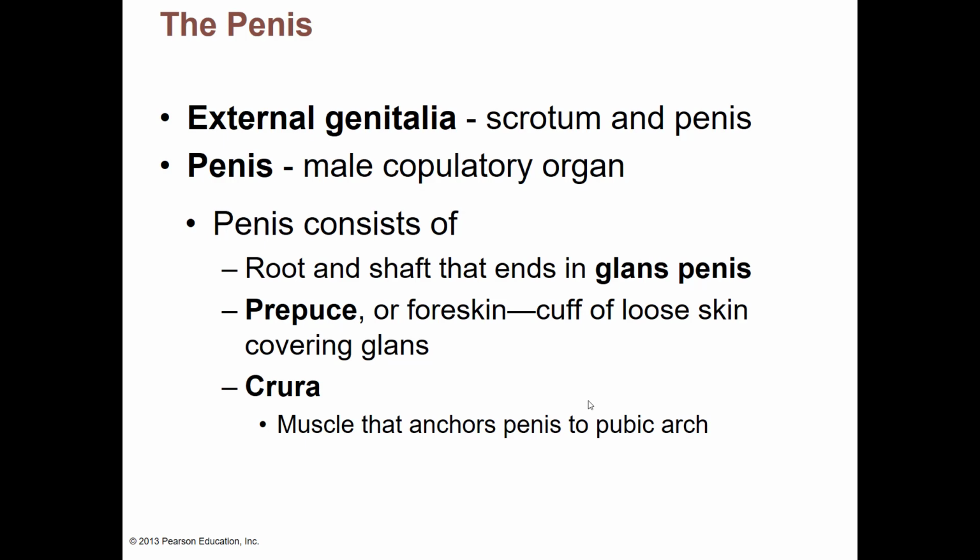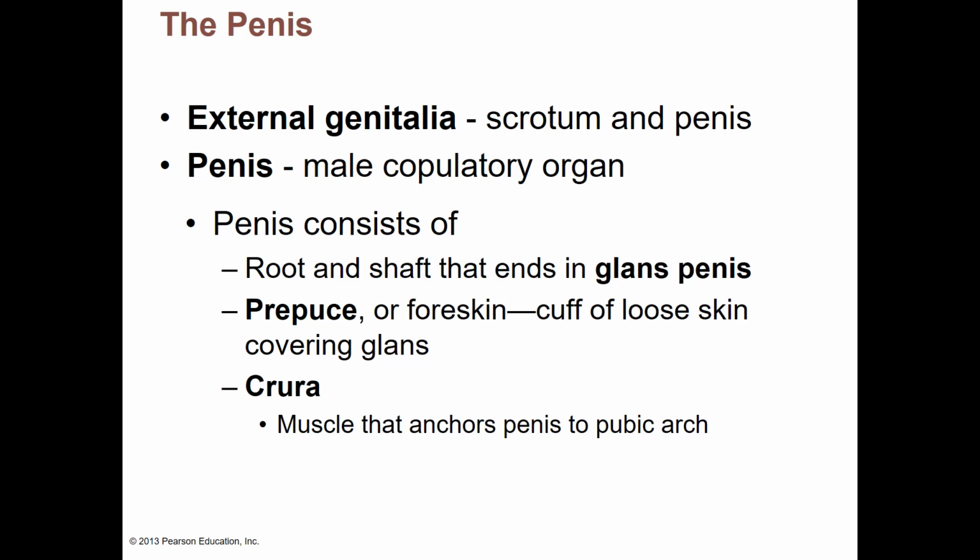And it's that prepuce or foreskin that's usually removed in circumcisions, which is a little bit more on my next slide. And part of the penis, it also has a muscle called the crura, or crus for singular, but it's a muscle that anchors the penis to the pubic arch. Because again, there's a lot of tissue there, and it just has to have an additional muscle that anchors it to the pubic arch.